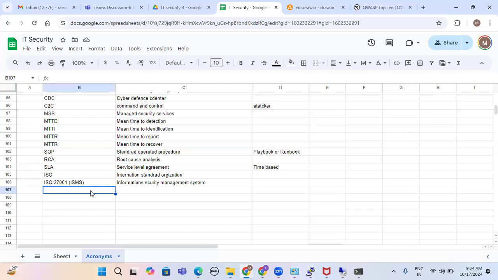But a couple of certifications depend on what type of business they are doing, and they have to do those compliances. For example, EMS, environmental management system.